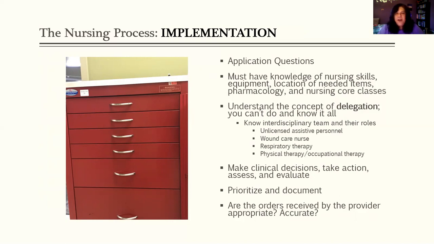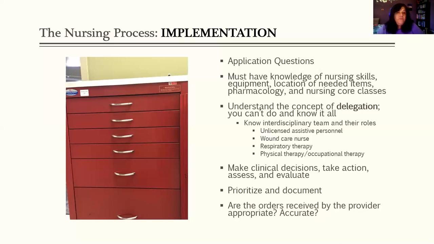And usually on top, you'll have like a defibrillator and an ambu bag and different things that you'll need too. But you also have to have knowledge of pharmacology, because you have to know, should I give this medicine? Should I not give this medicine? And you have to know nursing core classes. You have to know the information from the other parts of the process in order to be able to implement.